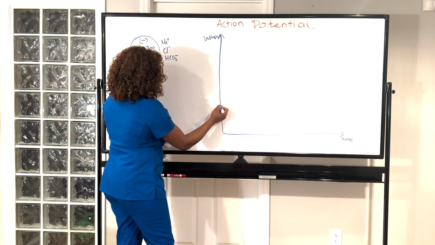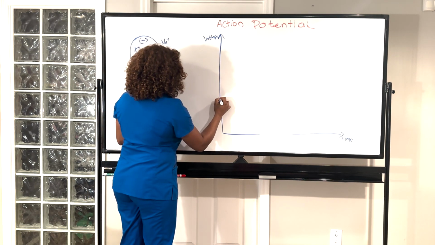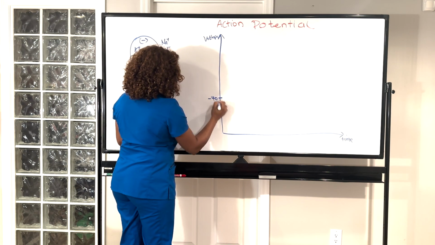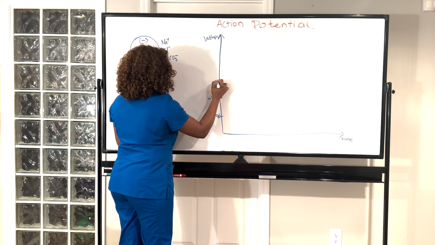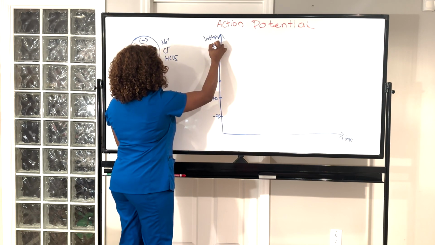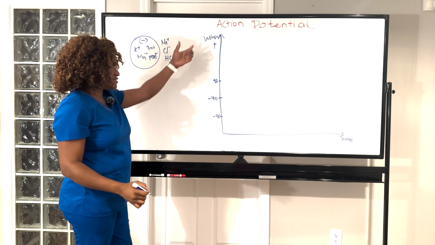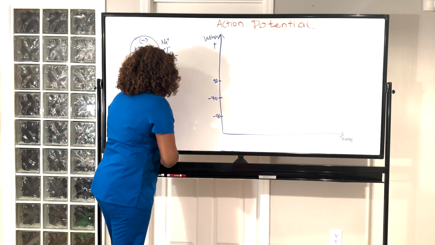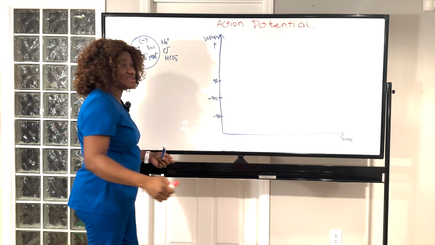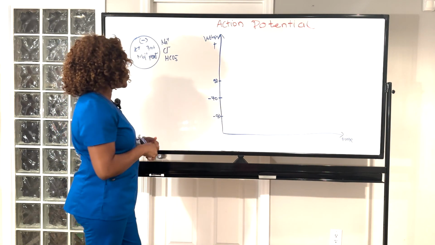Now here I'm going to have negative 70. Let's do here negative 90, negative 50. And the more we go up, it's going to be more positive. And now I'm going to draw our action potential, and we're going to talk about it as we go.